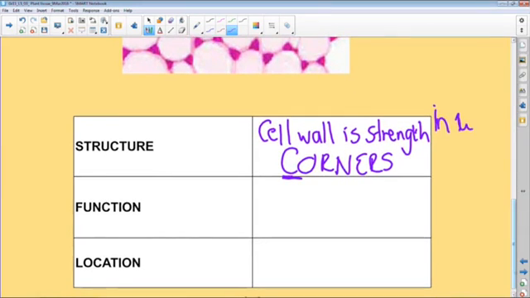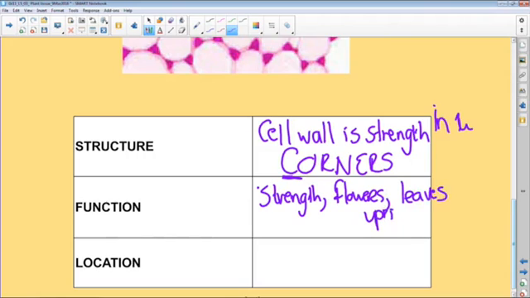What did we say the function of the tissue was? It was to strengthen the plant, to keep the flowers upright, to keep leaves upright. So you know what we do when we have a plant? We have an epidermis on the outside, and right underneath the epidermis I put this tissue.